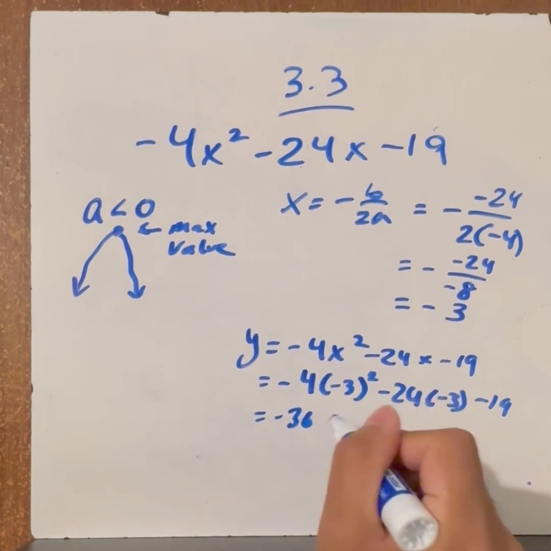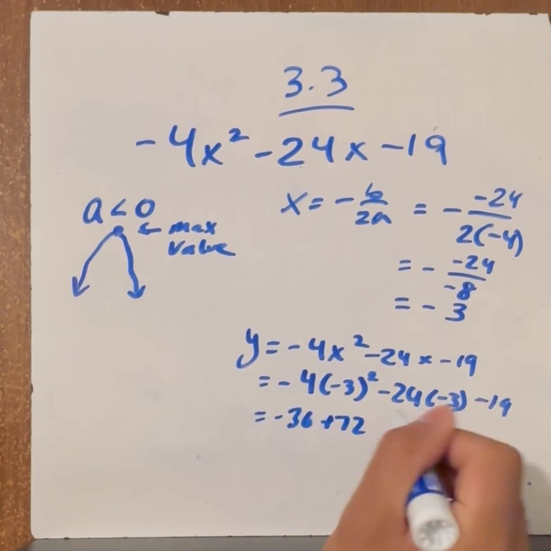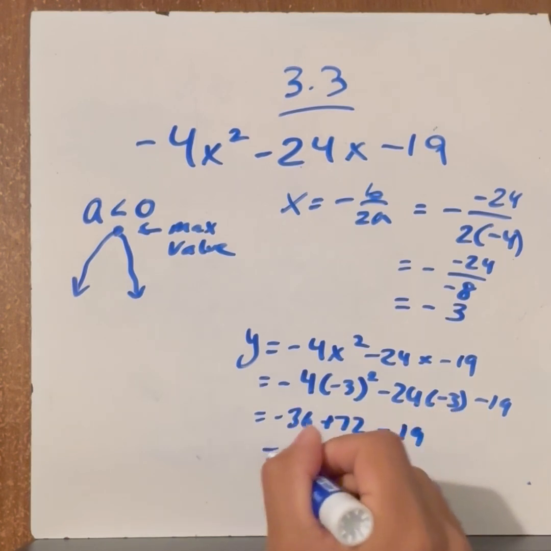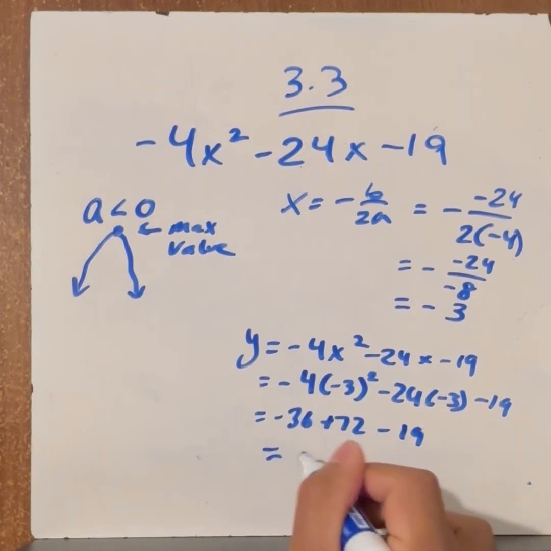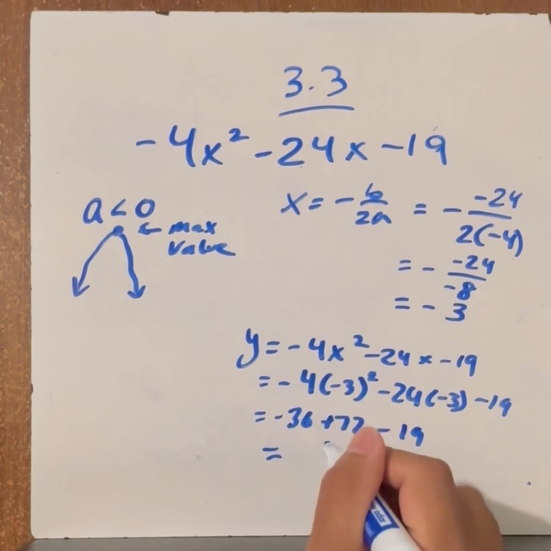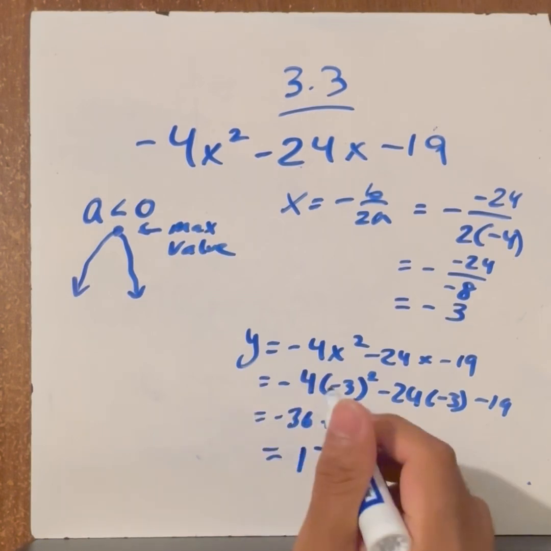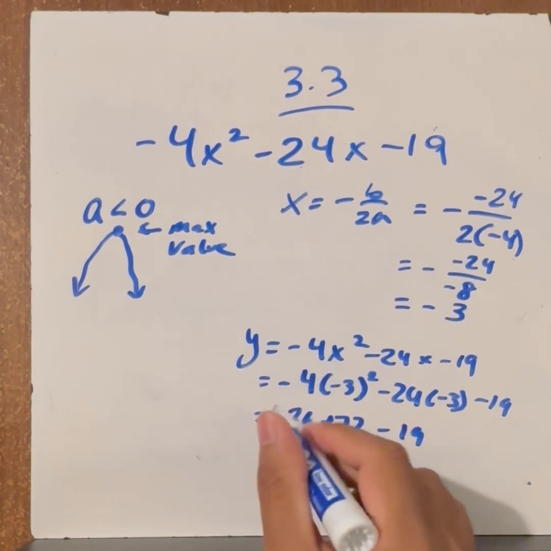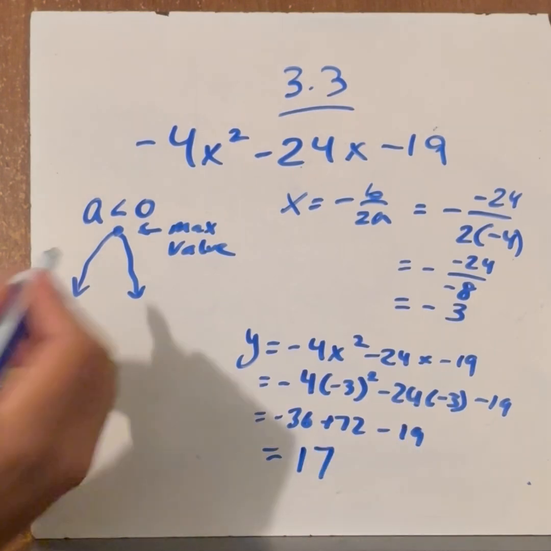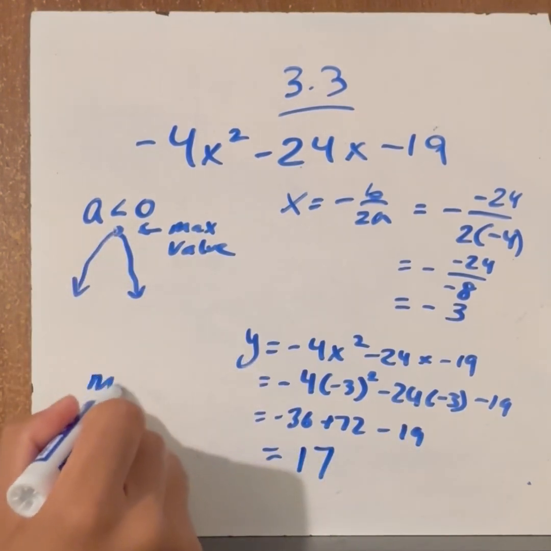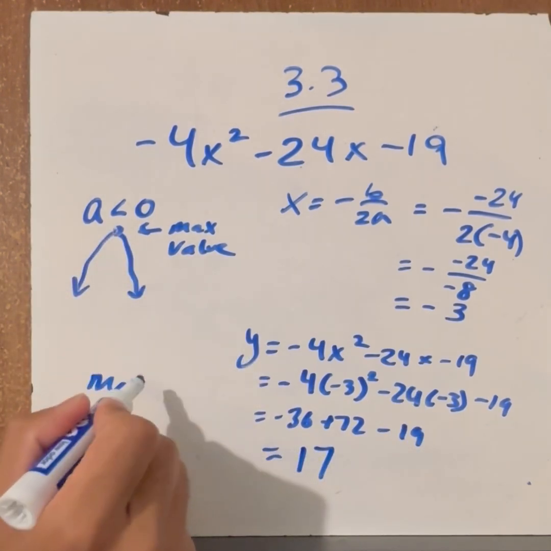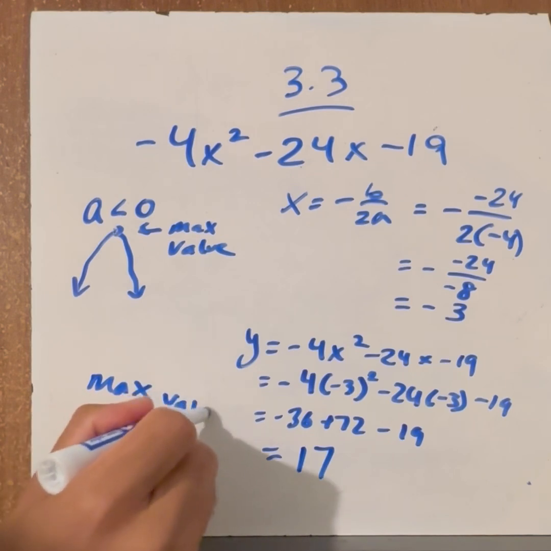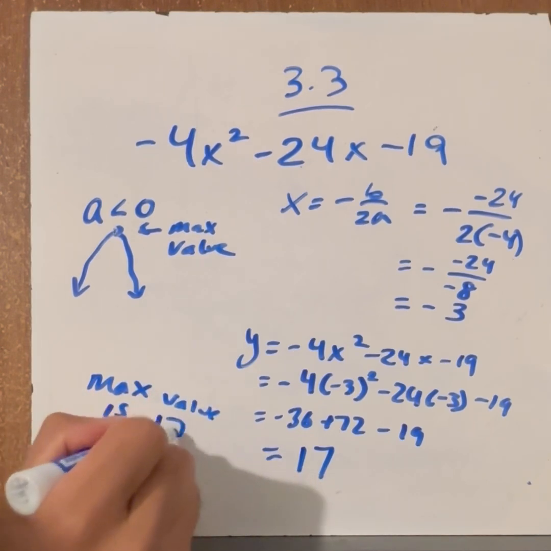Negative 24 times negative 3 is plus 72. Minus 19. This puts us at 36 minus 19, which is 17. Okay, so the y value is 17. So if the y value is 17, that would be the value right here, so the max value is 17. And then we have our answer.